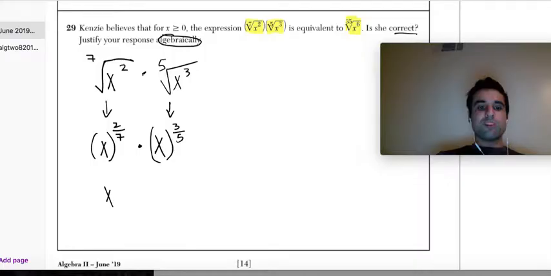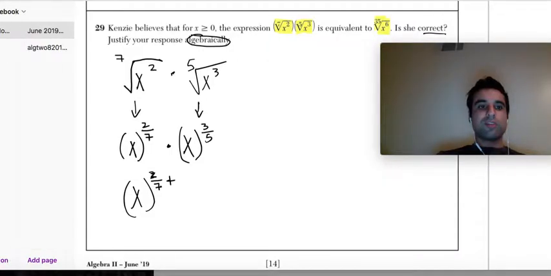So this becomes x to the 2 over 7 plus 3 over 5. And I'll bring down the equal signs.